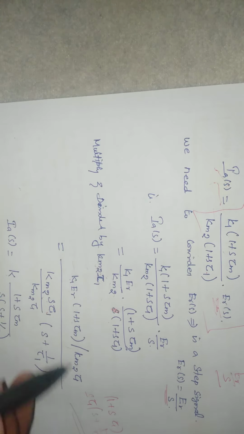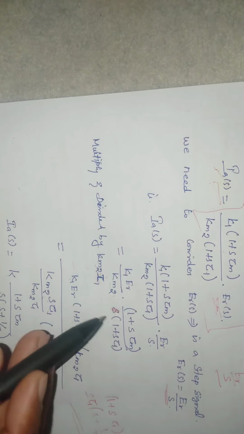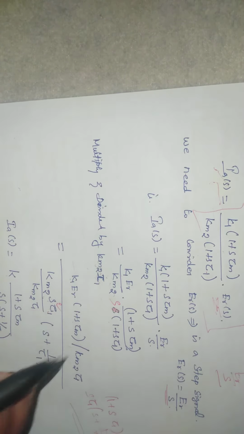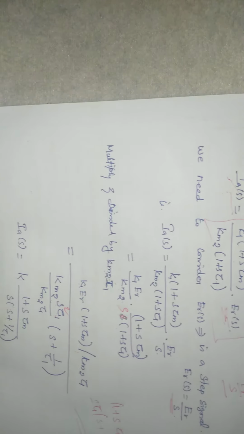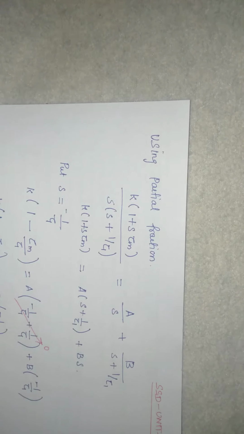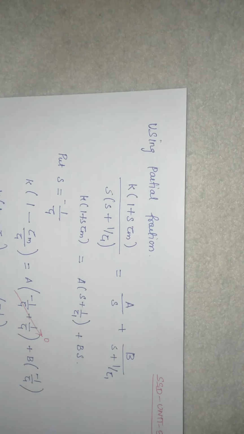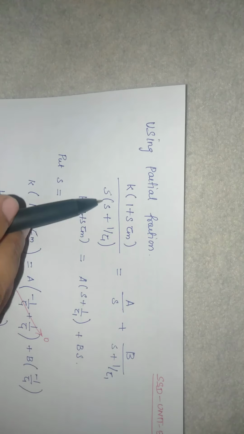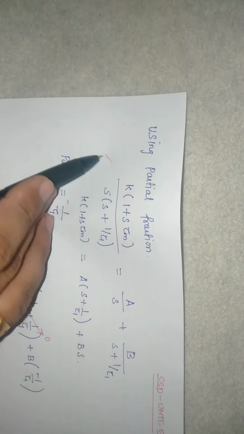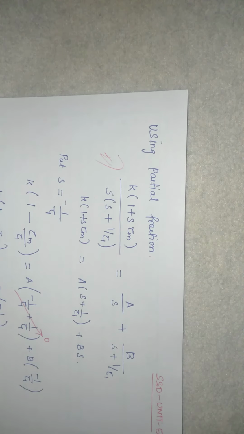Okay, so now already we have one s here, so this s will be s square. In this only one s will be getting cancelled, so the remaining s will be taken into account. So from the equation, k (1 plus s tau m) divided by s into (s plus 1 by tau 1), this is our third stage of this derivation.